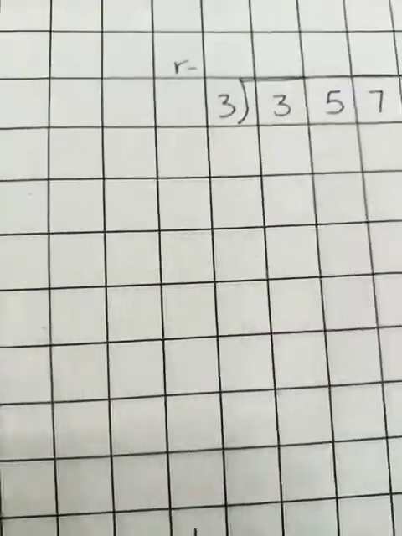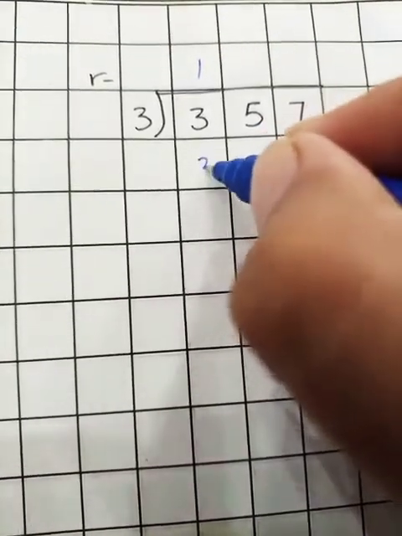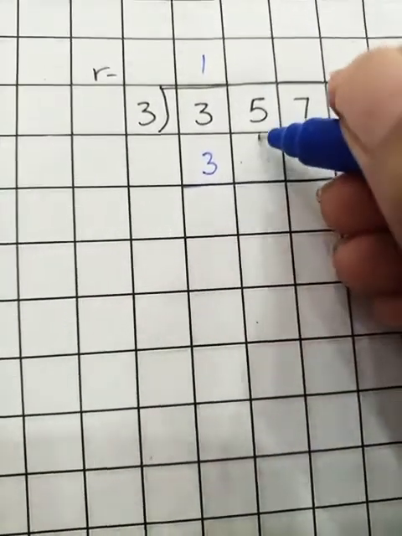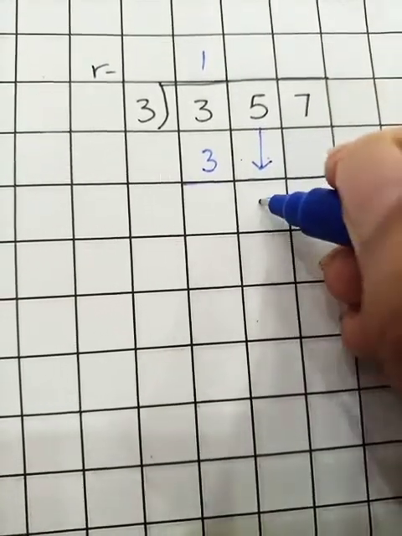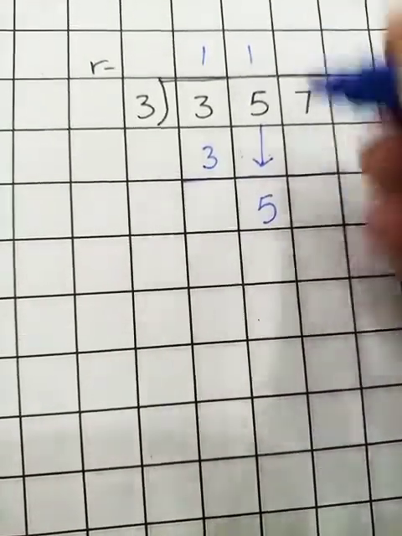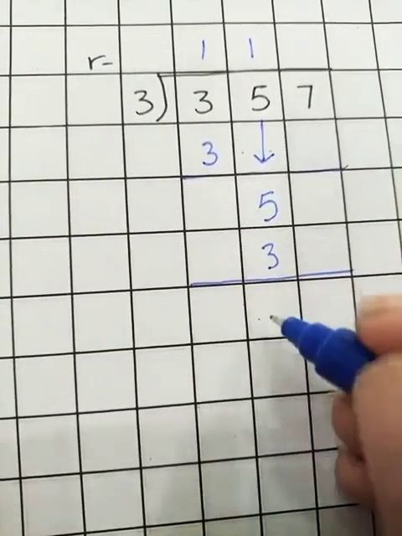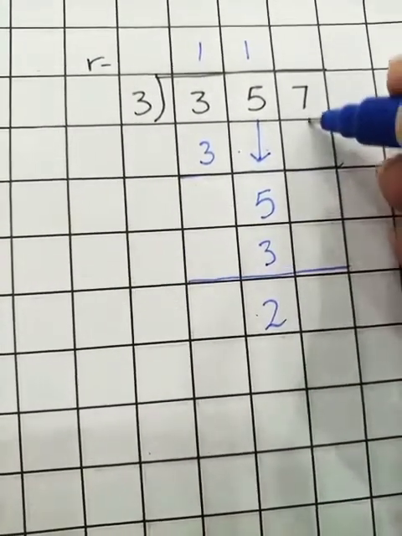Next is part R. Here 3 ones are 3. 3 minus 3 is 0. Bring the 5 down. 3 ones are 3. And in the next step, 5 minus 3 is 2. Bring the 7 down here.